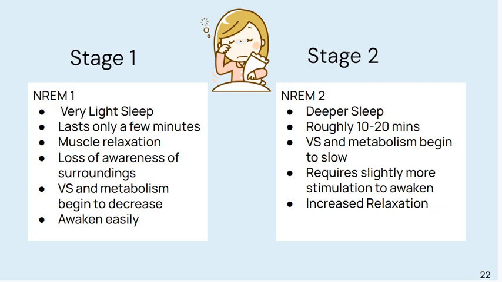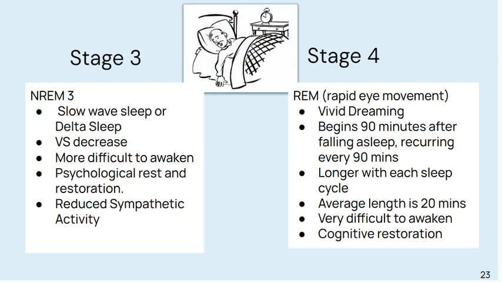Stage 2, this is our non-REM 2. It is a little bit deeper stage. This is roughly 10 to 20 minutes into our sleep cycle. Our vital signs and metabolism begin to slow as well, and it requires slightly more stimulation to wake us up. And then this further increases our relaxation. Then there's stage 3.